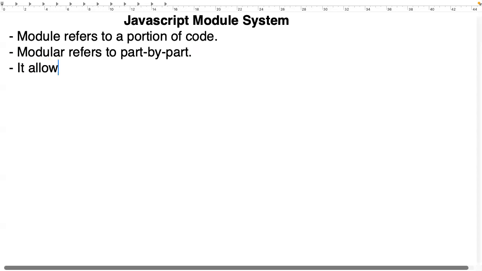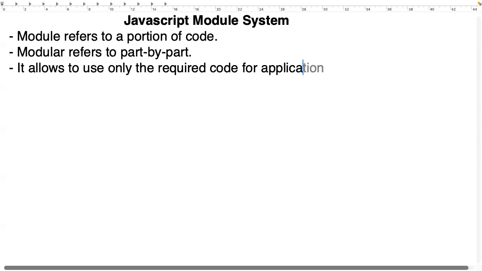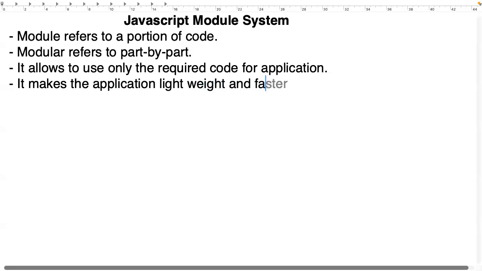It allows you to use only the required code for the application. In simple terms, it allows you to use only the required code for the application. It makes the application lightweight and faster.